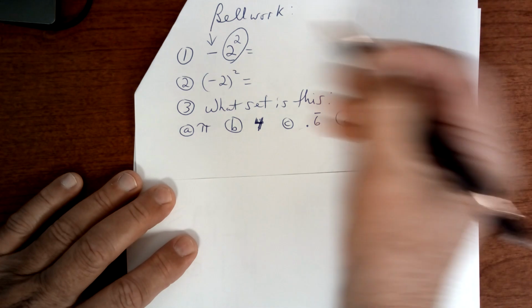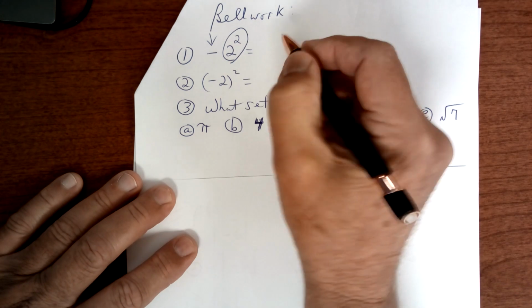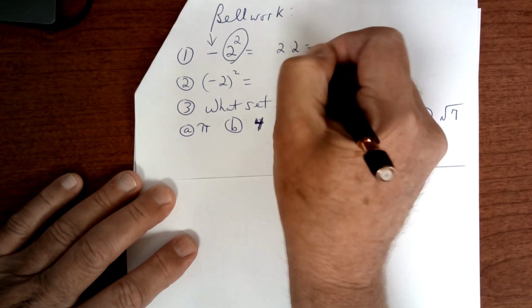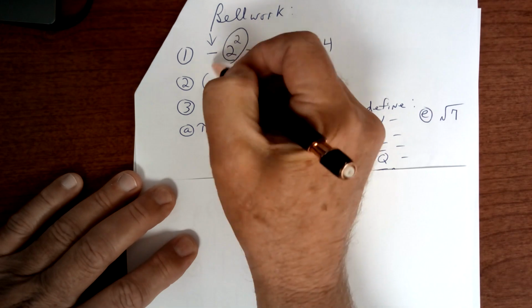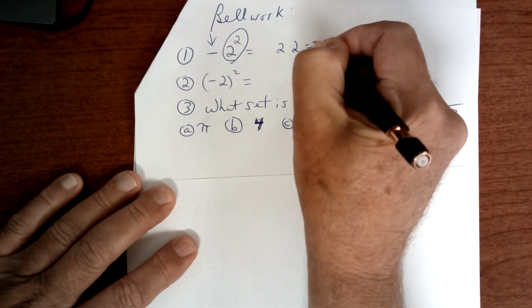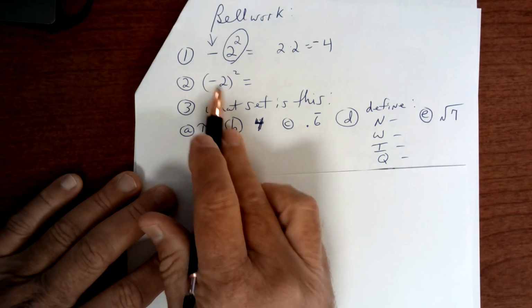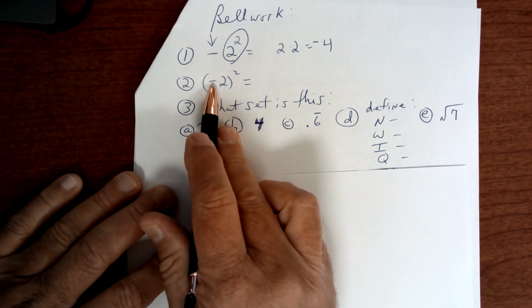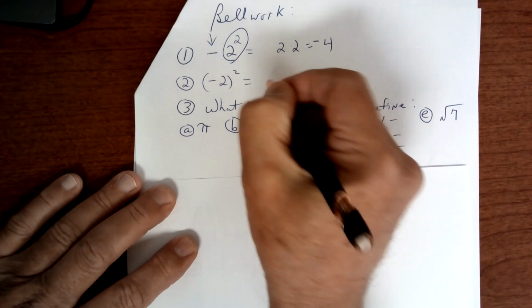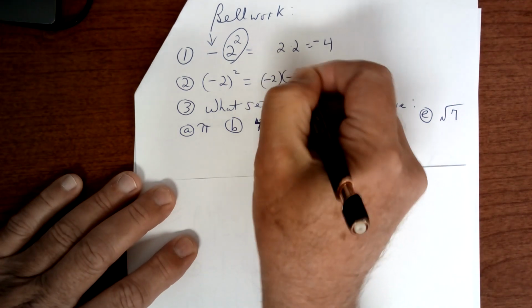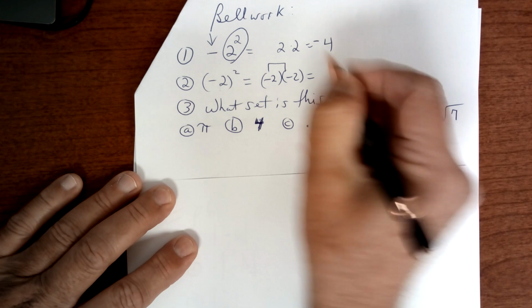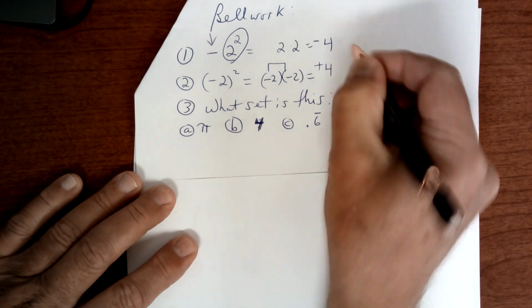So 2 times 2 is 4, but the negative is on the outside and it's a negative 4. So it's kind of tricky. Whereas this one, the negative is squared as well because it has parentheses. So this would be a negative 2 times a negative 2, which gives you a double negative, which gives you a plus 4. So make sure you understand the differences.